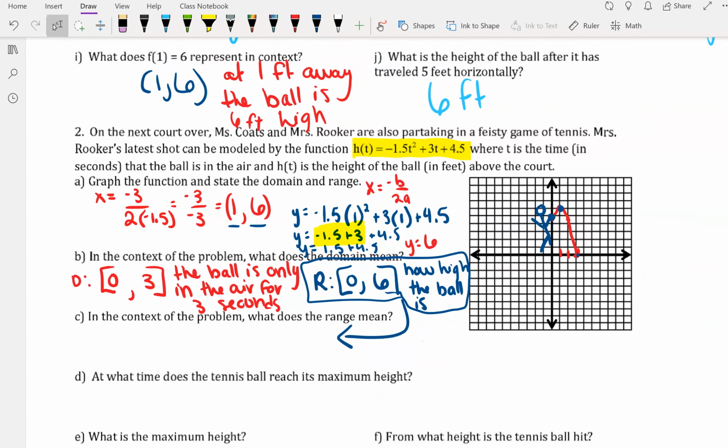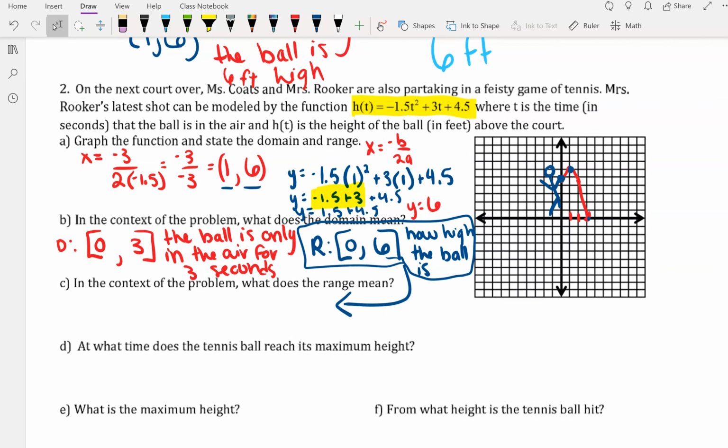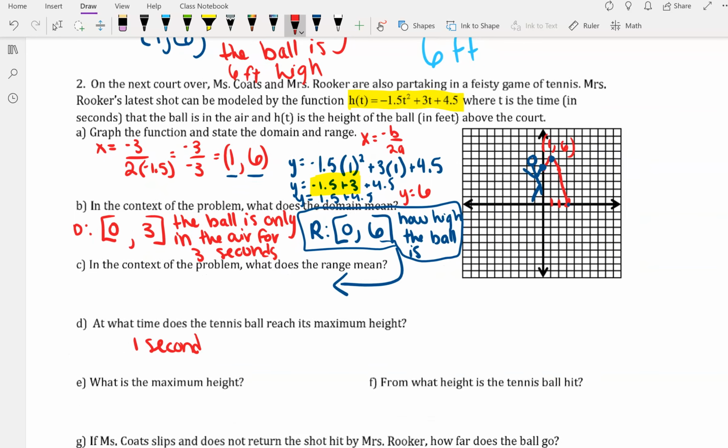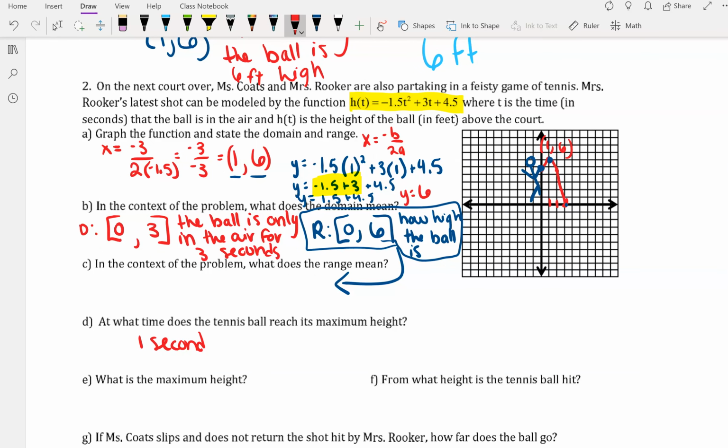All right, at what time does the ball reach its maximum height? So that's right here at the vertex, (1, 6) is the maximum height, and the t stood for the time, so that's just 1 second there. So 1 second. What is the maximum height? So that's the y coordinate of the vertex.